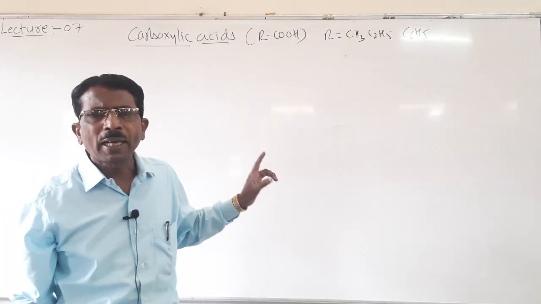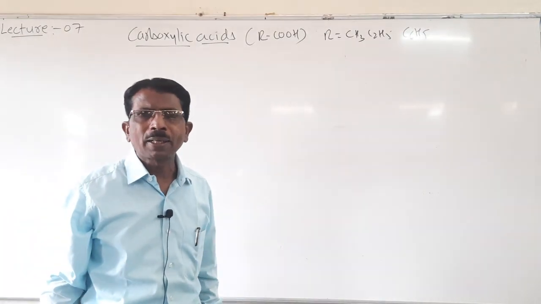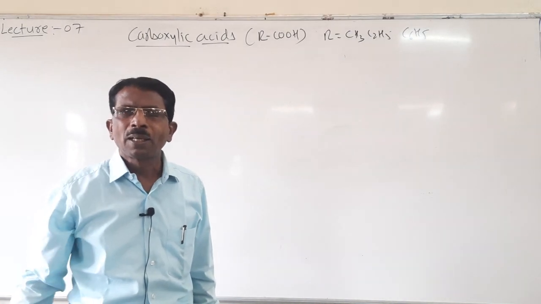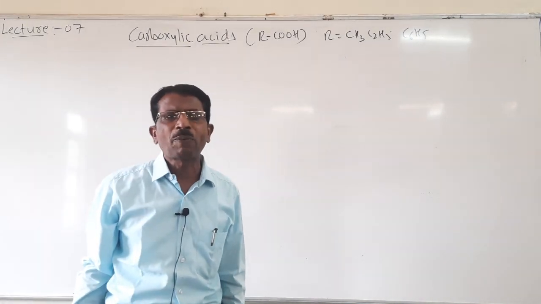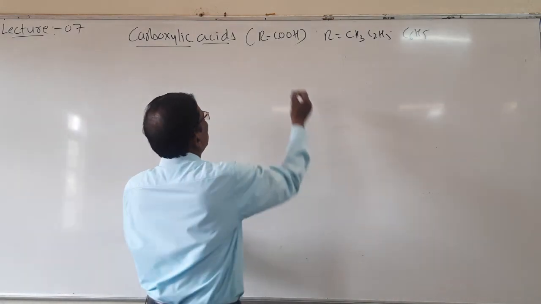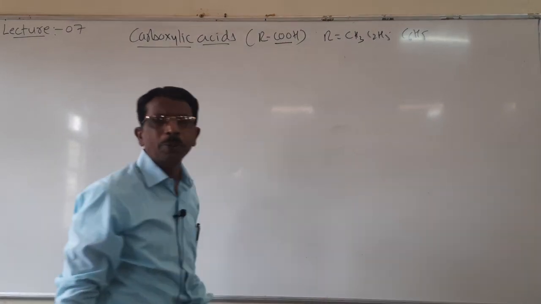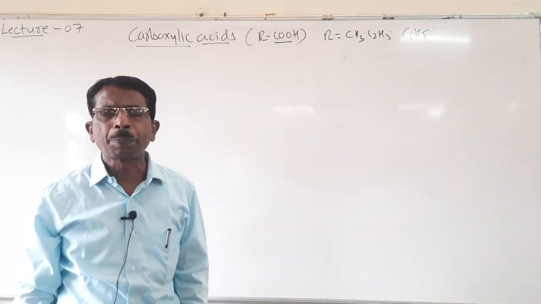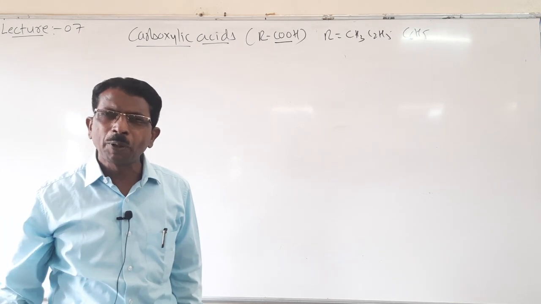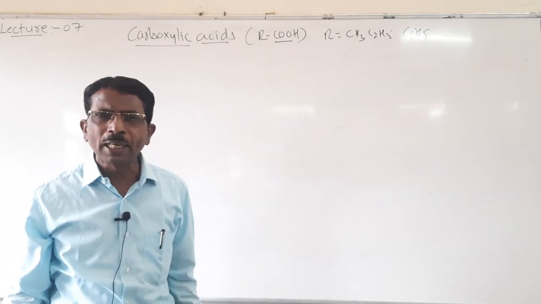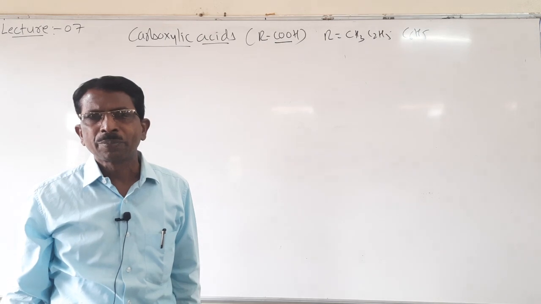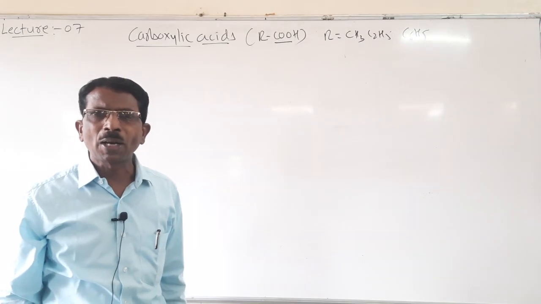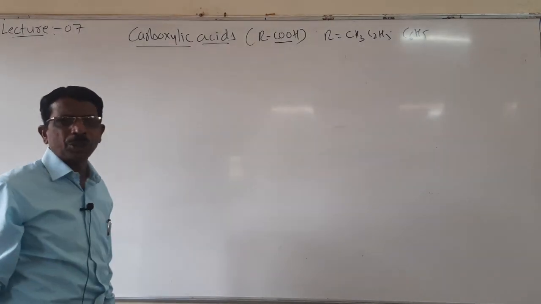Carboxylic acids are organic compounds which contain a carboxyl group as a functional group. This functional group consists of a carbonyl group which is linked with a hydroxyl group, and these have the general formula RCOOH.